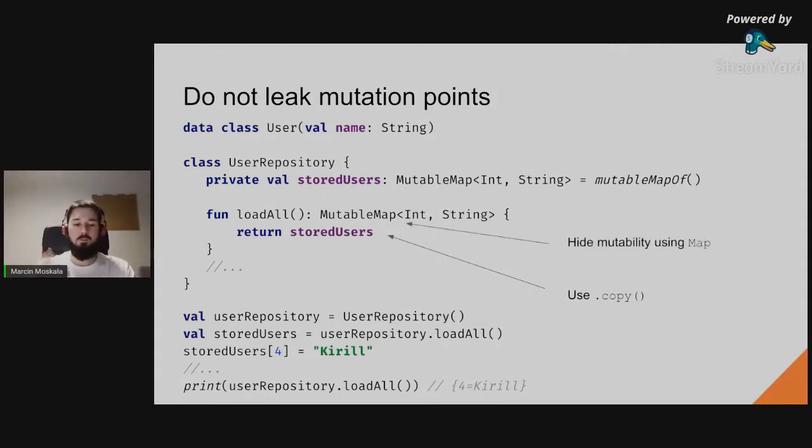The same with a list, the same with set. We can hide multiple set into a read-only set. We can hide multiple list into read-only list, which is a very popular practice and a very common way to hide mutability. Or we can also make this var and map, but this is a different story, and as some of you know, a less efficient option.